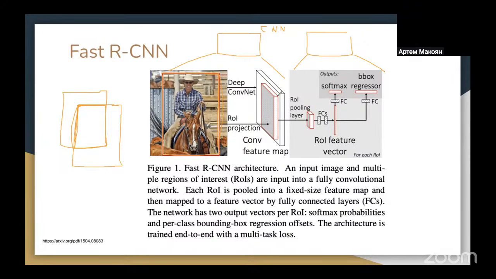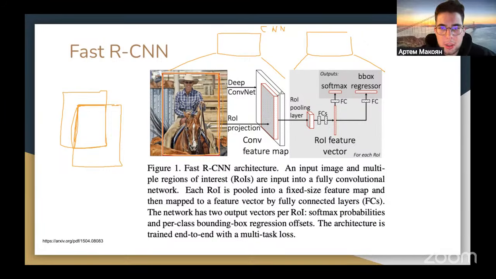I also want to say that because we divide the width and height by 32, the coordinates of the bounding box may be bad. So we have an extra head that regresses box coordinates, as we said. It only refines bounding boxes.